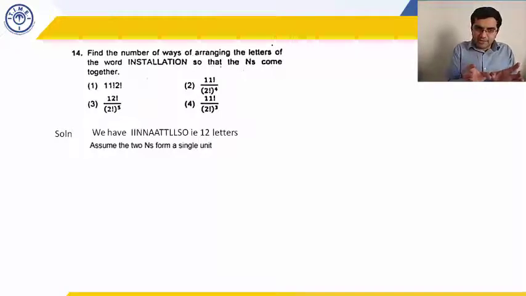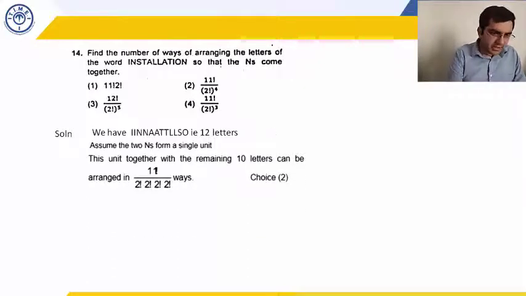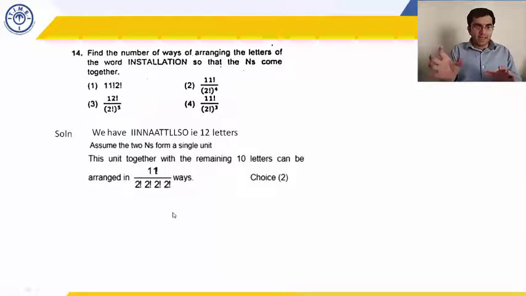So in these 11 I have two I's, two A's, two T's, and two L's. So in how many ways can I arrange? 11 factorial divided by this 2 factorial is for the two I's, this is for the two A's, this is for the two T's, and this is for the two L's. Okay, and the two N's, they are together in one unit.